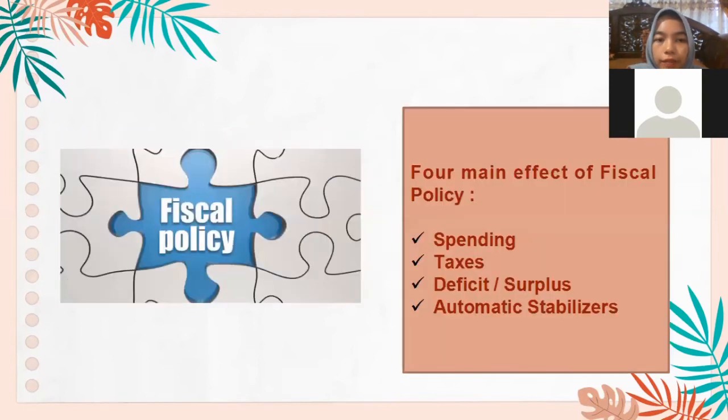And the last one, fiscal policy. Fiscal policy is an economic policy carried out by the government to manage and direct economic conditions in a better direction through government revenue and expenditure. The main effects of fiscal policy are spending, tax, deficit or surplus, and automatic stabilizers.